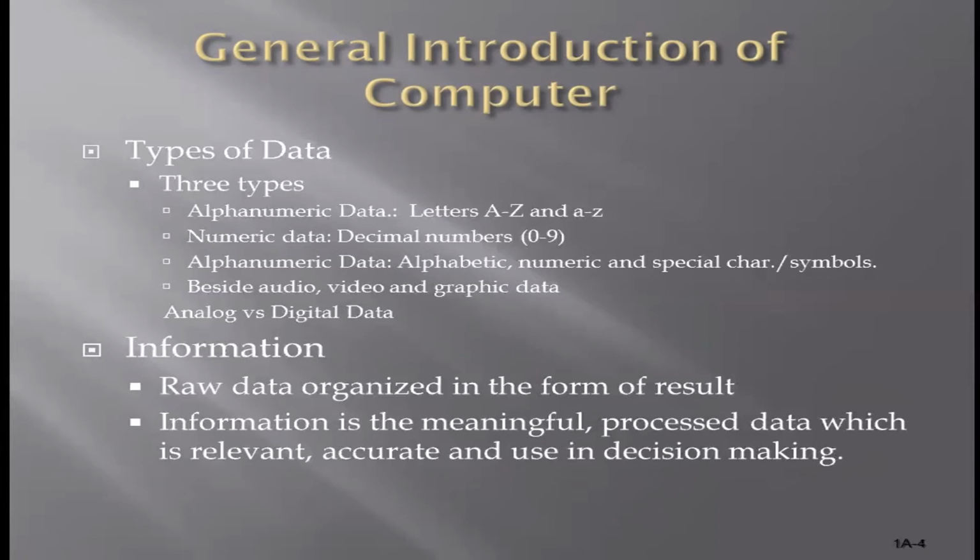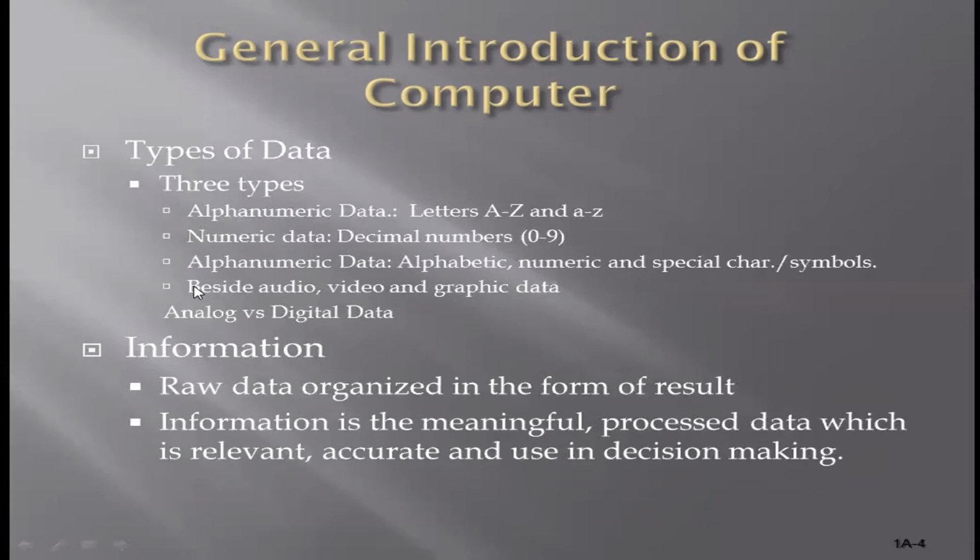Data which consists of only numbers, only digits, is called numeric data. And data which has text as well as numbers is called alphanumeric. For example, the address of a house is alphanumeric data, because in an address we have characters, text, and also numbers.